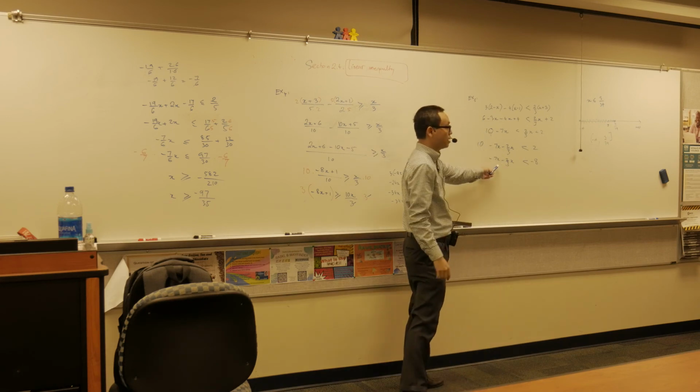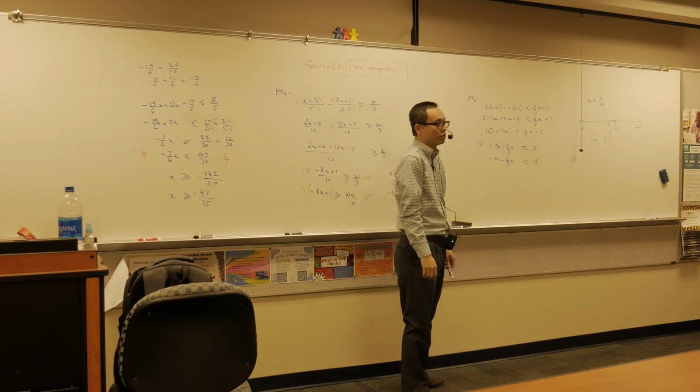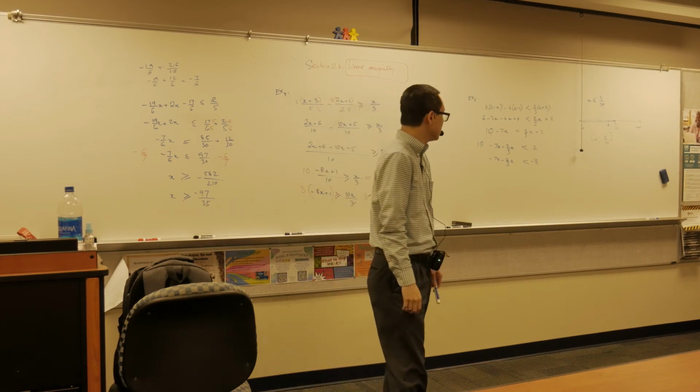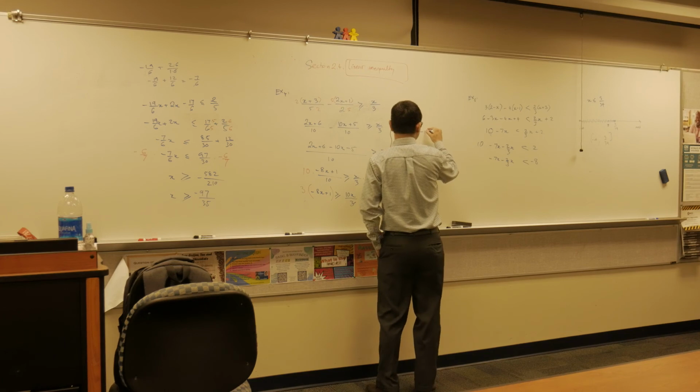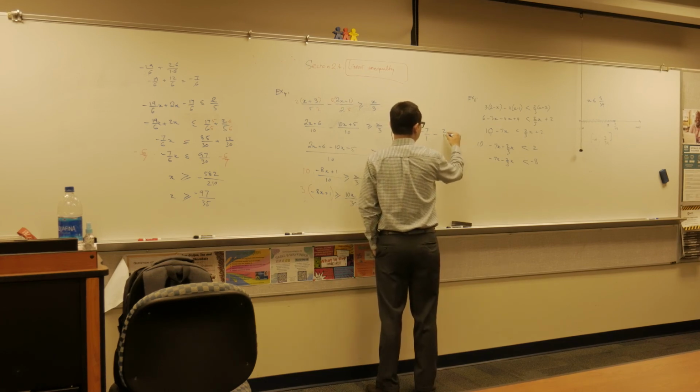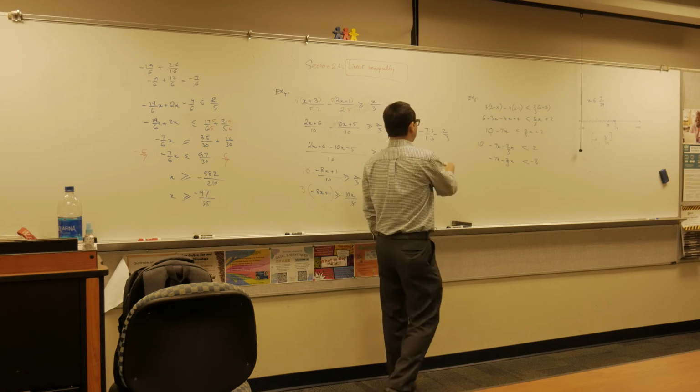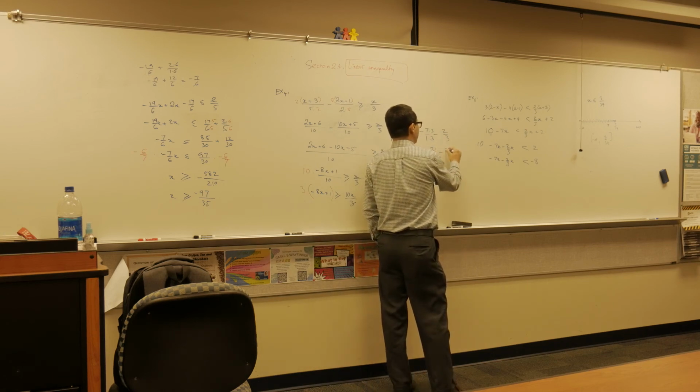Now combine the terms over here. Negative 7 minus 2 over 3. LCD is 3. Multiply the top and bottom by 3. Alright, so you have now negative 21 over 3 minus 2 over 3.